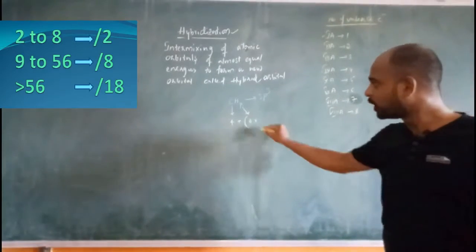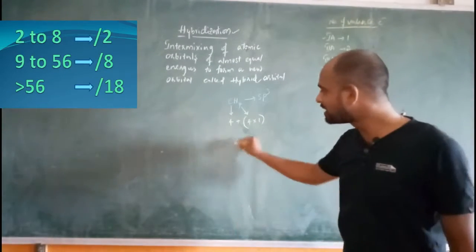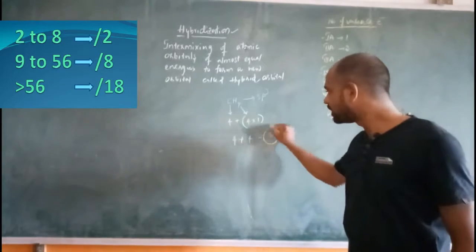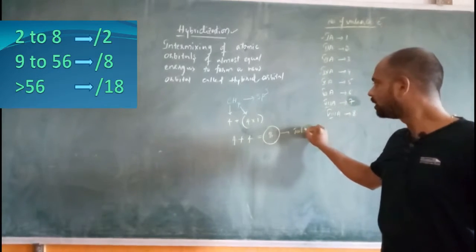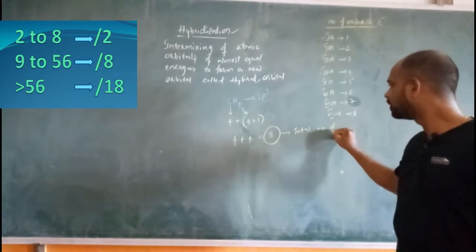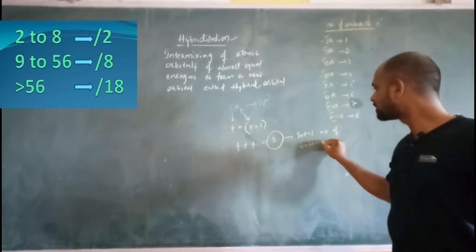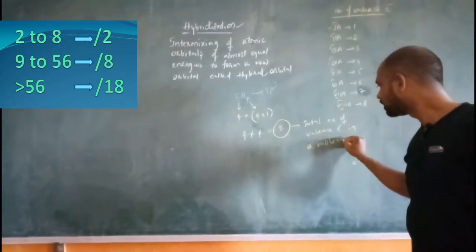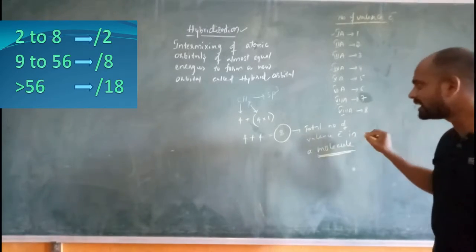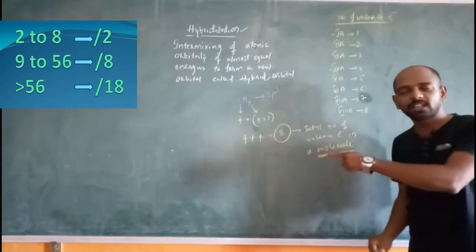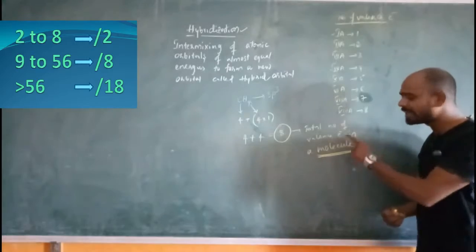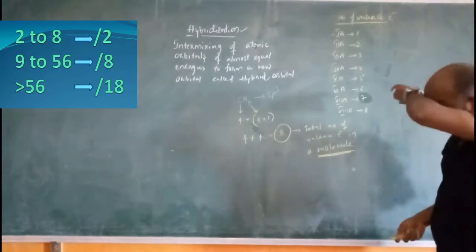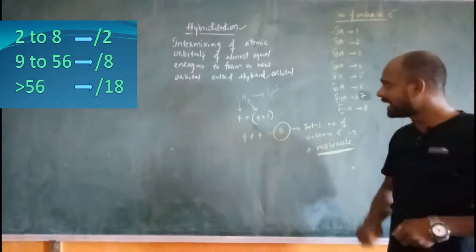So 4 plus 4 is 8. This is the total number of valence electrons in one molecule of CH4, so the total number is 8.